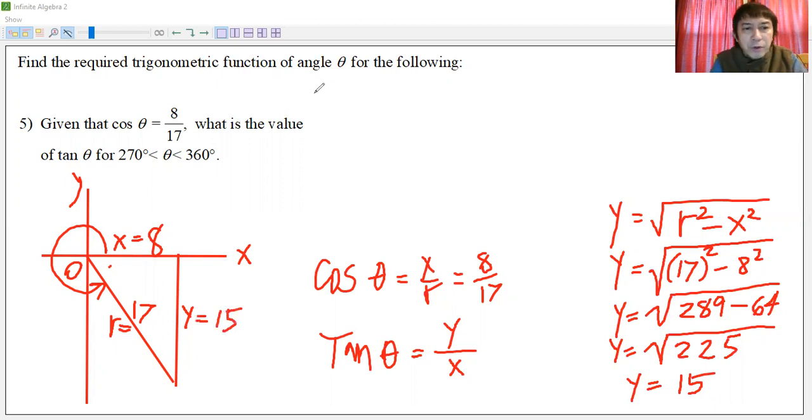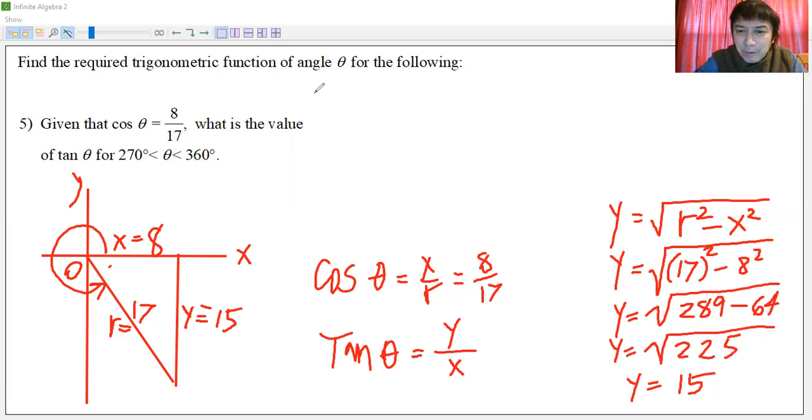We can now compute for our tangent. Now, this value is the value of y in the fourth quadrant, so this must be negative. Remember, the sign of the y there is negative. And so our tangent of theta is negative 15 over 8.